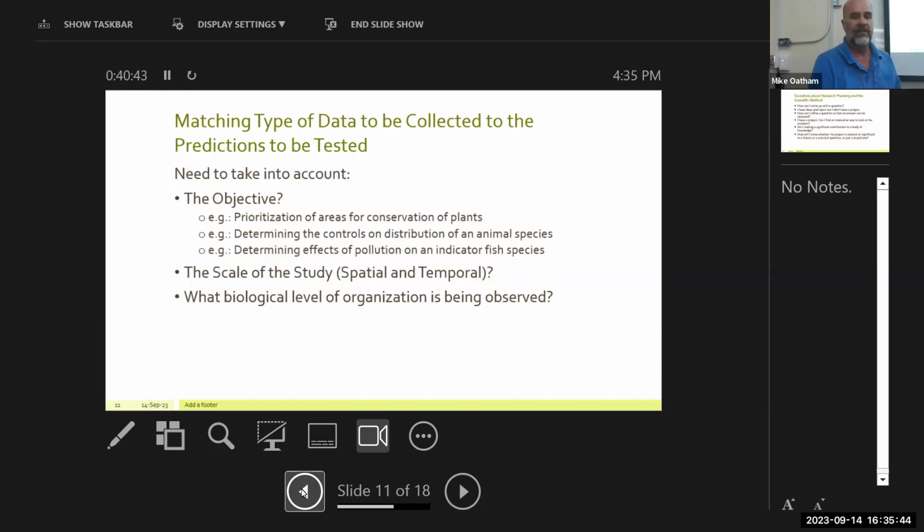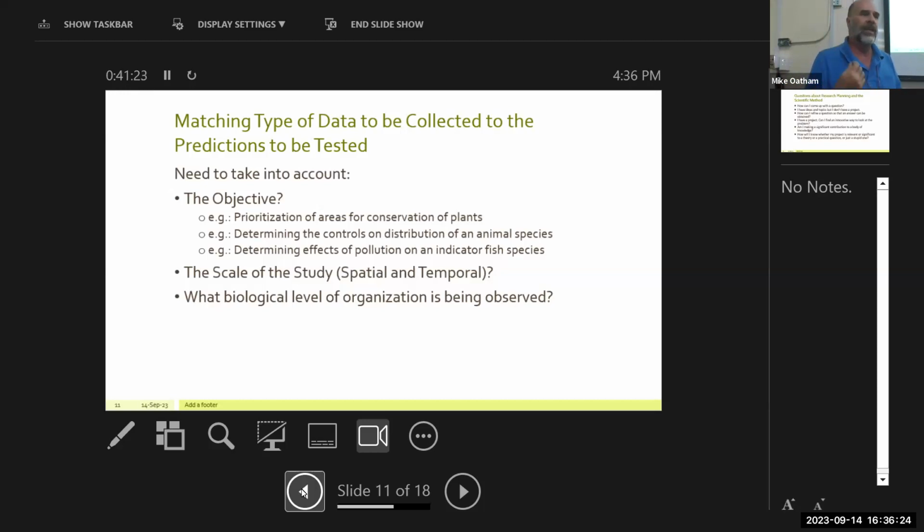Okay, so the objective, so what sort of data would you need to collect? What sort of data do you think you would need to collect if you were determining the distribution of an animal species? So maybe the other way around, you would need to understand how big an area you would need to house a population of these animals.